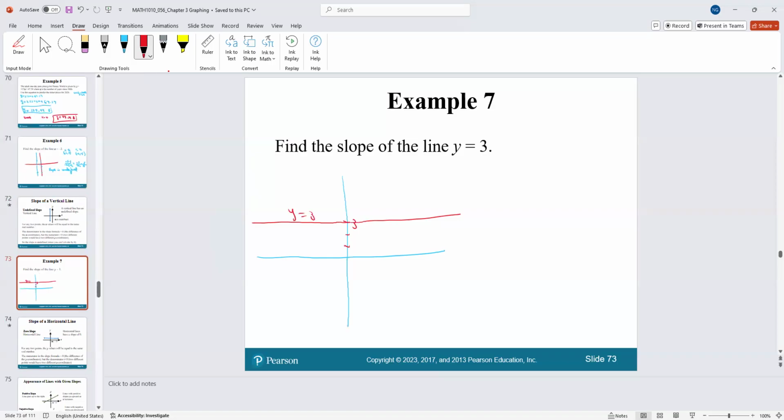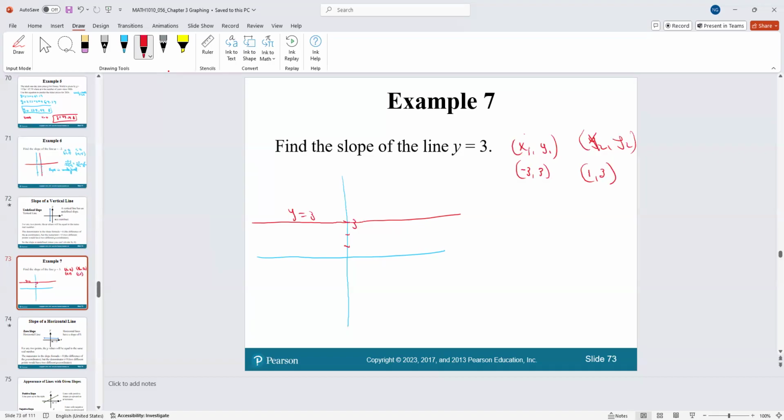If you take two points, x1, y1, let's say -3, 3, or x2, y2, we can pick any x's. Say x is 1, but y would still be 3.